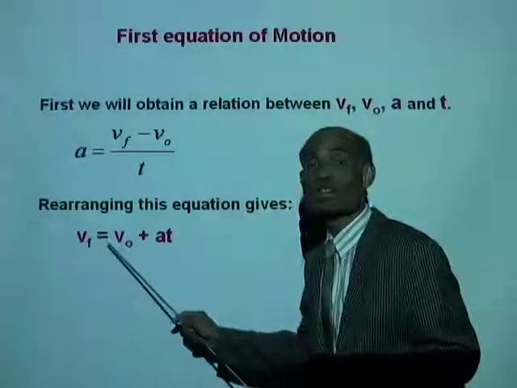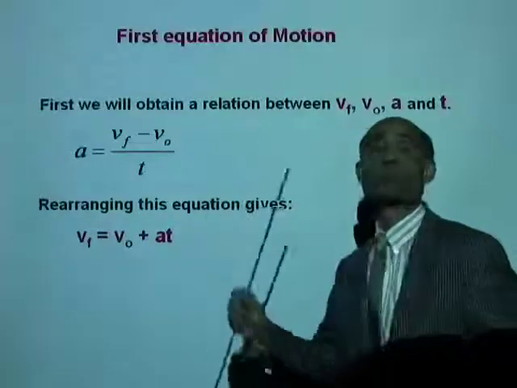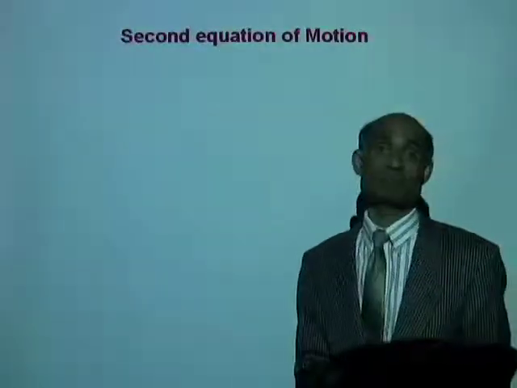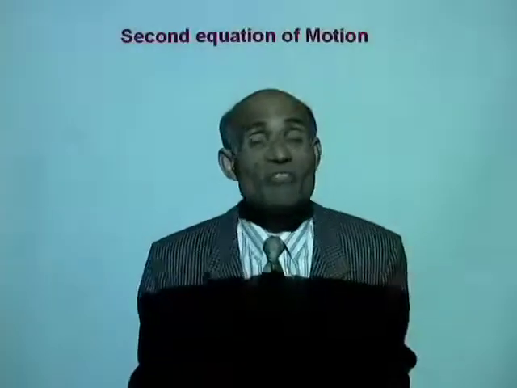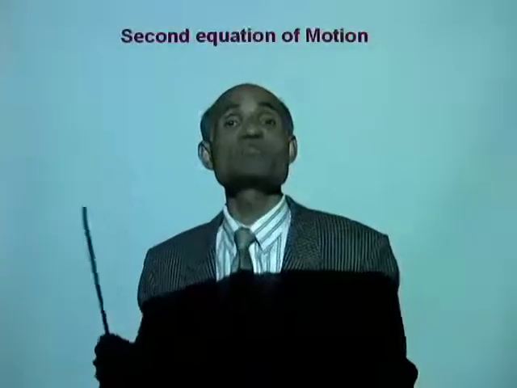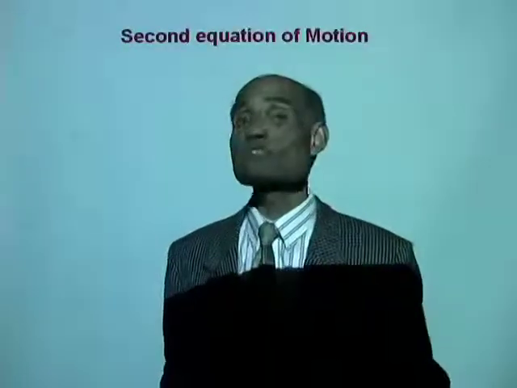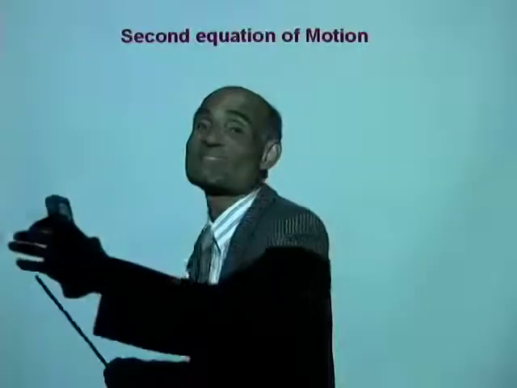Final velocity equal to initial velocity plus acceleration multiplied by time. This is the first equation. What is the first equation? Vf equal to V0 plus at. Or I will simply sometimes say V equal to V0 plus at.